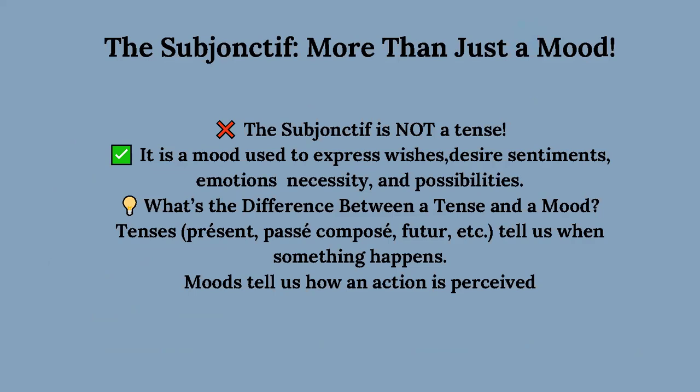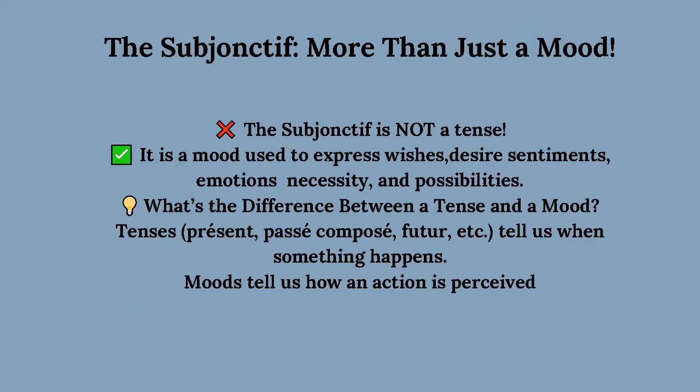Now when we talk about subjunctive, the first thing that comes into our mind is verb. Subjunctive is definitely a conjugation of verb, but unlike your other tenses, subjunctive is not used to express a tense. Subjunctive is used to express a mood.